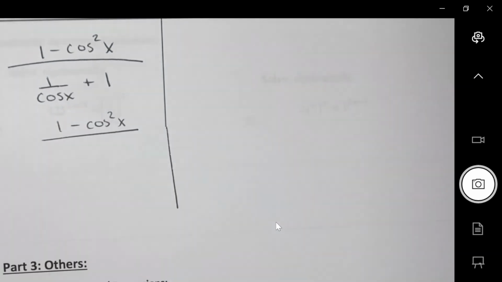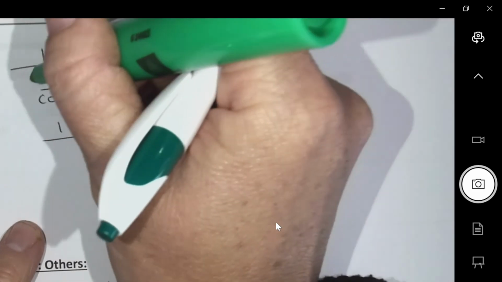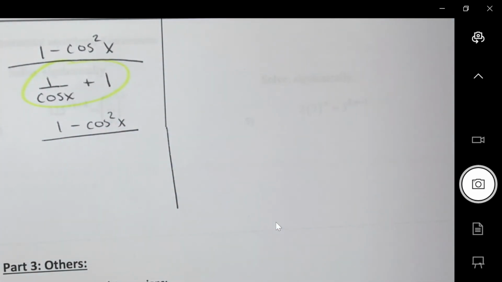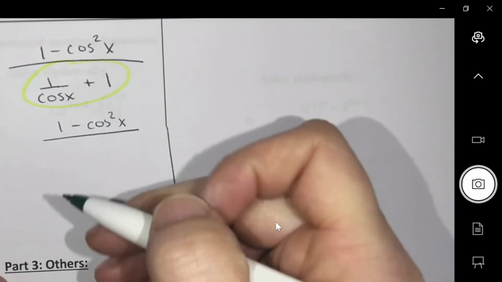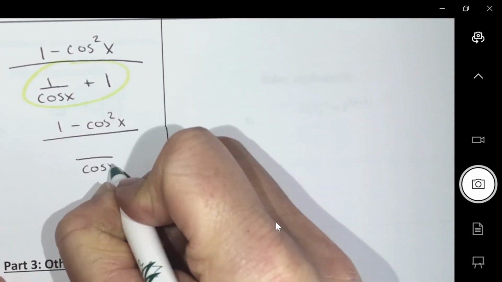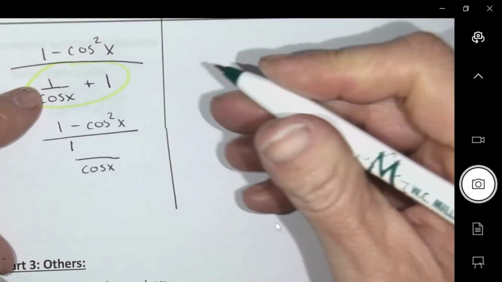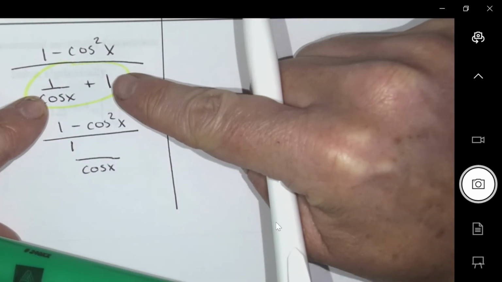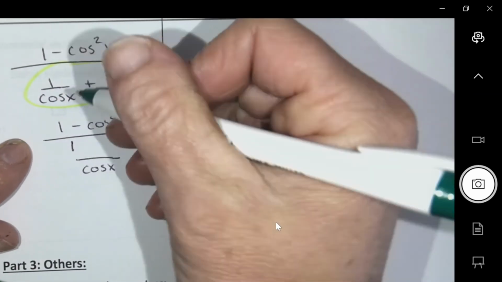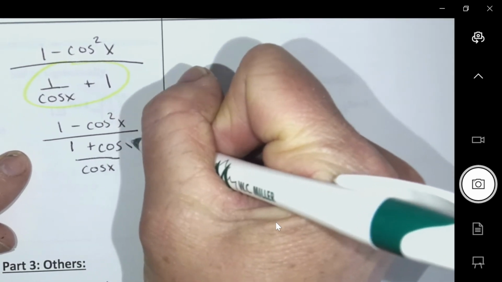Okay, now I need to add that together. So I need a common denominator. So I'm going to go with cos x. So this was a 1. What would I have to do to this? Multiply it by cos.